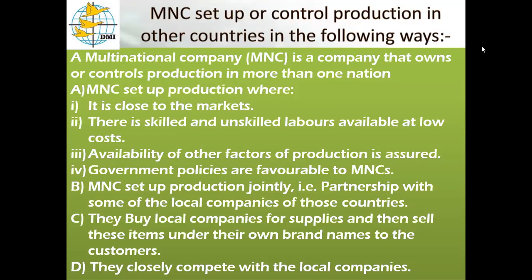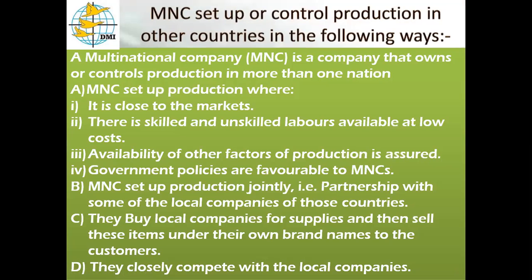Number one, it is set up close to the market. Number two, it is set up where skilled and unskilled labor is available at low cost. Number three, availability of other factors of production is also assured. Number four, the government policies should be in favor of the MNC.